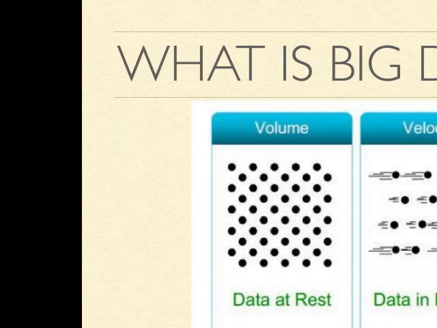Okay, now the fourth problem is really strange, but it's like a derivative of the other problems. Veracity means data in doubt.